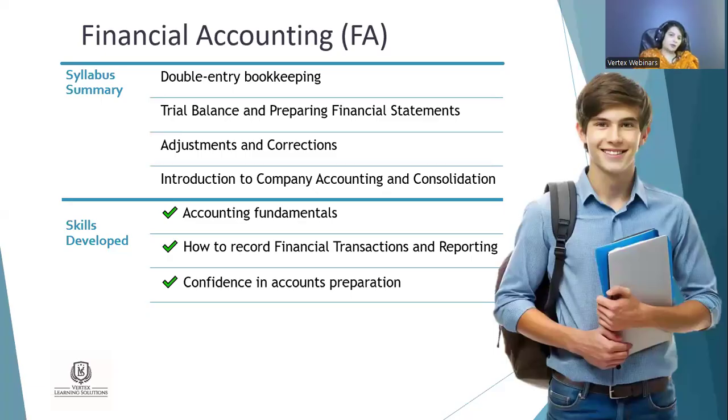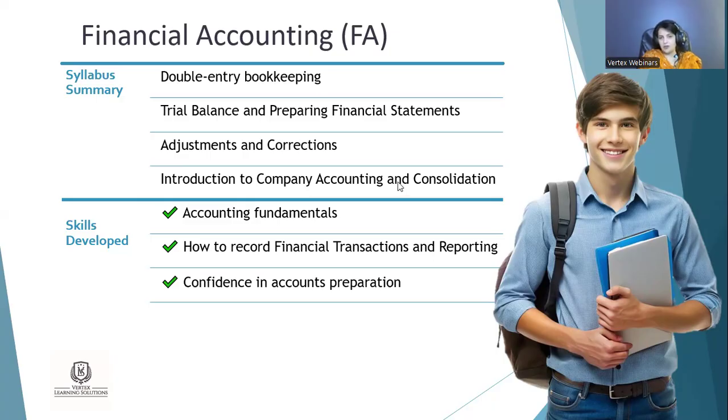Then there is the introduction to company accounting and shares, how you buy shares, and there are some differences in the accounting of buying shares. The main principle, assets equal to capital plus liability, remains the same, but there are more details you are going to study in company accounting.